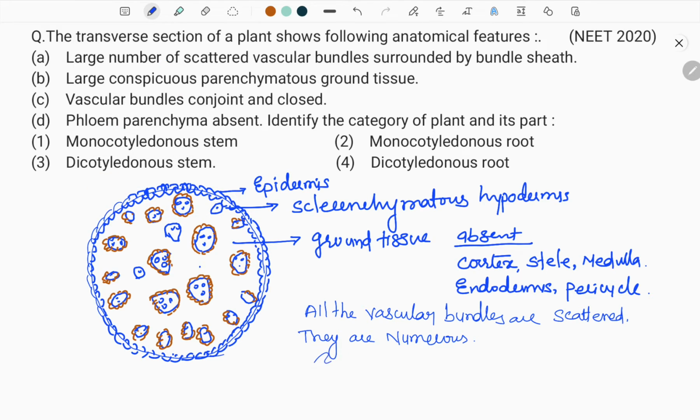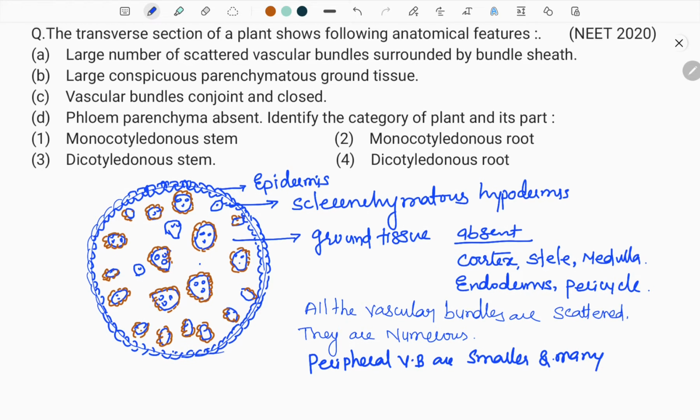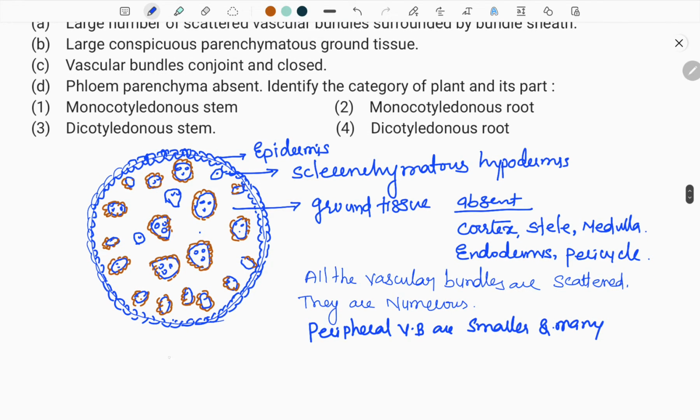Here the peripheral vascular bundles, I write VB, are smaller and many in number, whereas the central vascular bundles are fewer and larger in size.